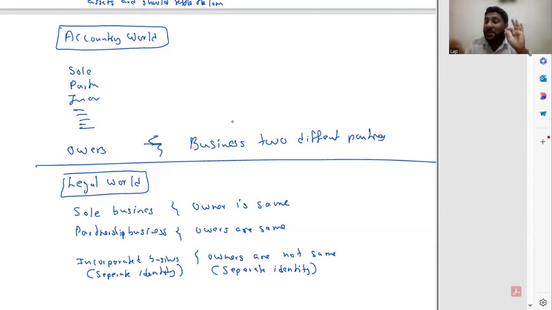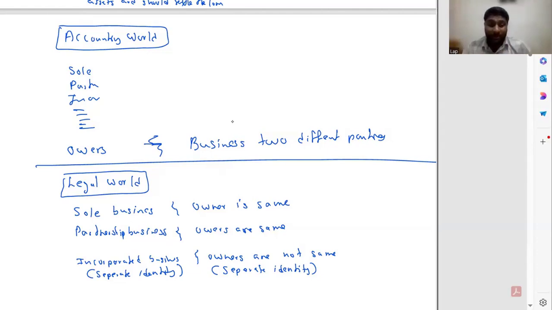Starting an incorporated business is not easy. That means in the legal system, incorporated companies, they are thinking of it as a separate human. They even give an identity card. Identity card means the business registration. A separate identity number is there in the legal system.